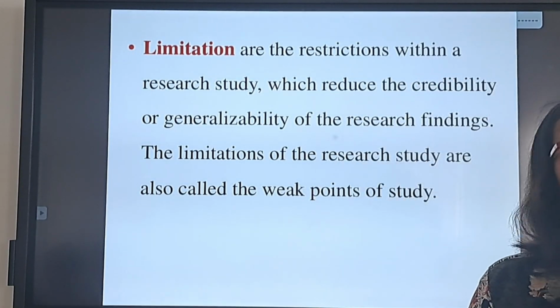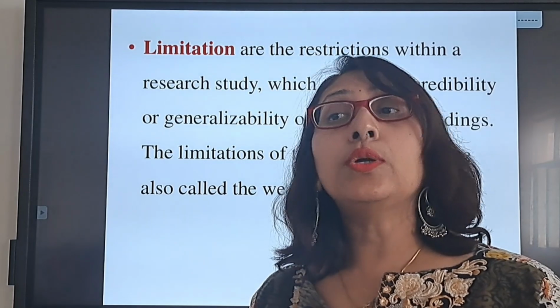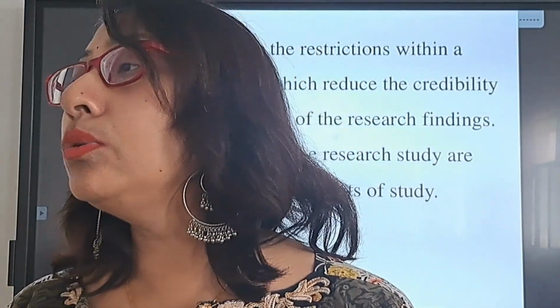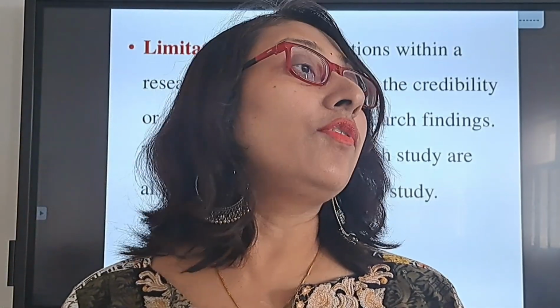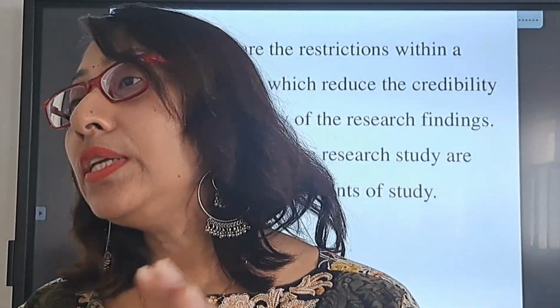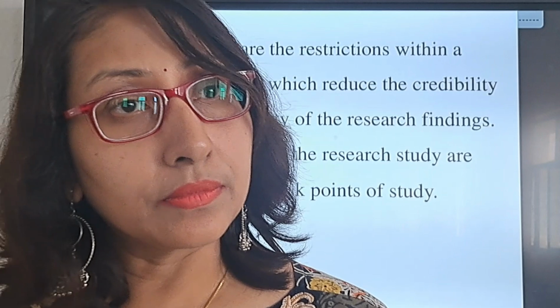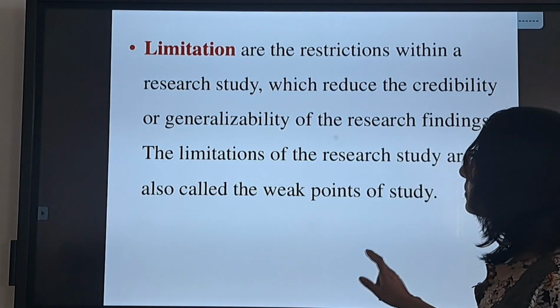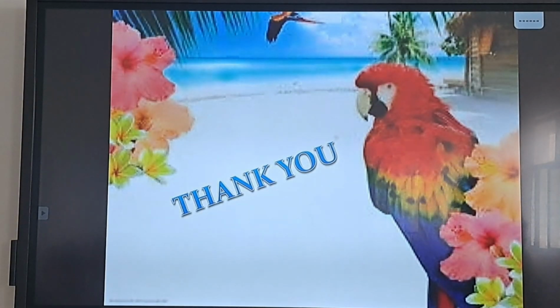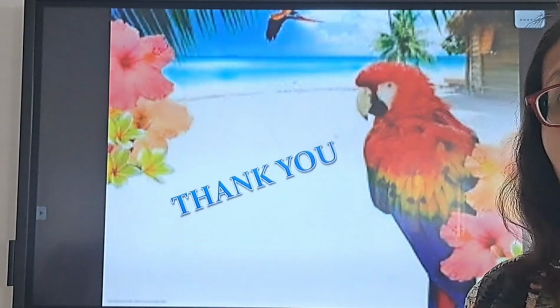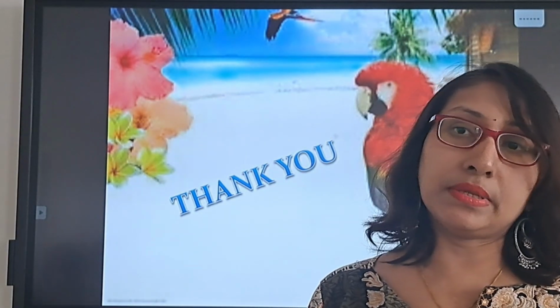Limitations are something not within your control, and your study is bounded or confined to certain areas. So you cannot generalize the study for the entire population of the entire country. Okay. So with this we have completed hypothesis, limitations, assumptions and variables.